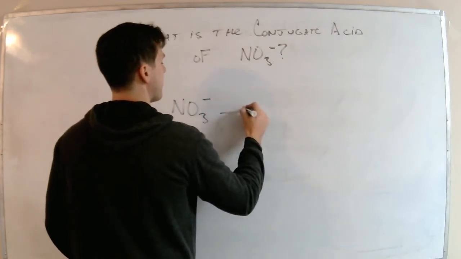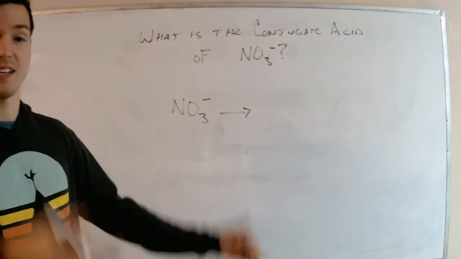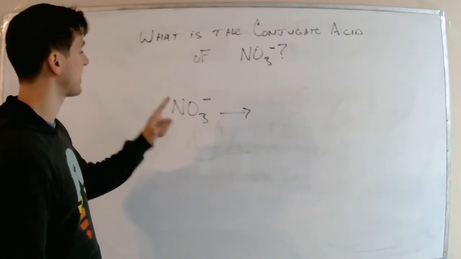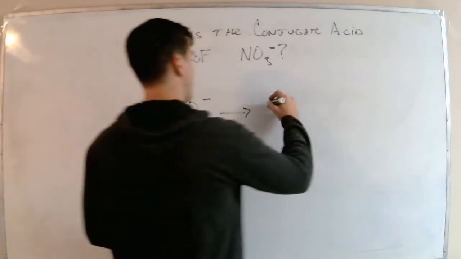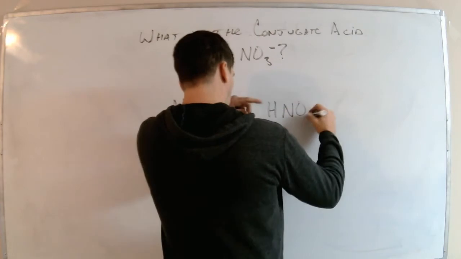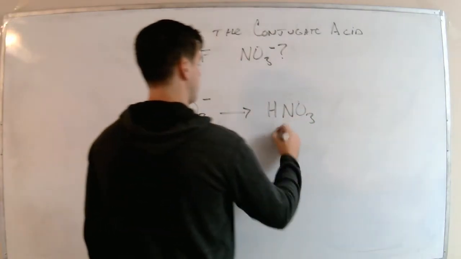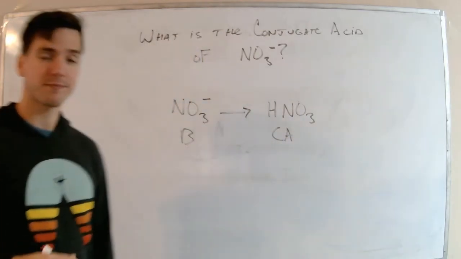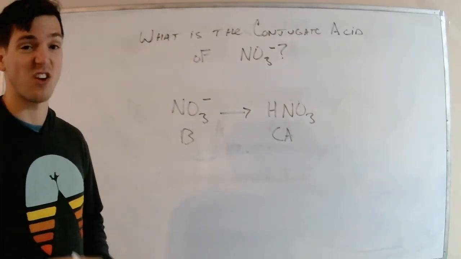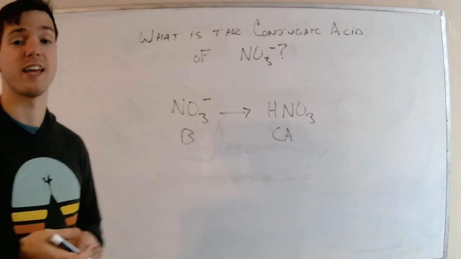And remember, bases accept a proton. They accept an H+. So that means that the conjugate acid for this guy must be HNO3. Okay? So be ready for that, and that is all we're going to go into with Bronsted-Lowry.